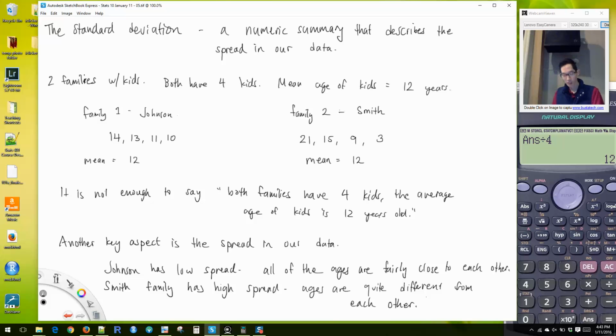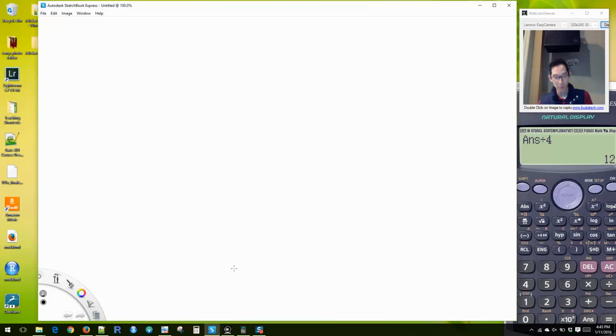And so the standard deviation is just a numeric summary that describes the spread in our data. It's just going to take this idea of low spread or high spread and assign it a value, okay? And so the concept for standard deviation, and I think this is all we'll have time for today, is that the standard deviation can be thought of as the square root of the variance, okay?